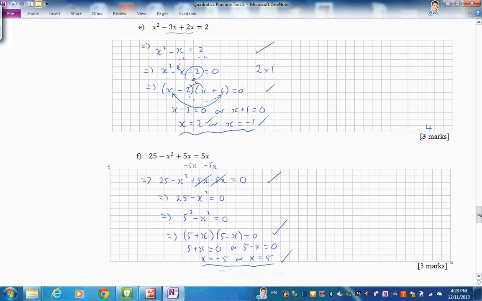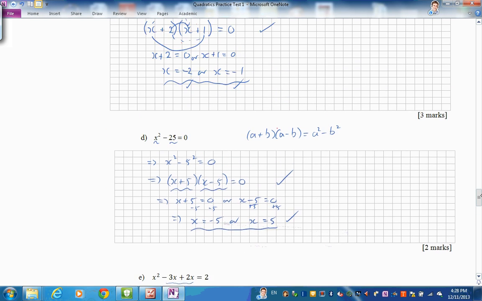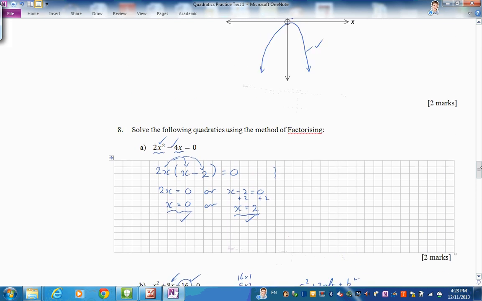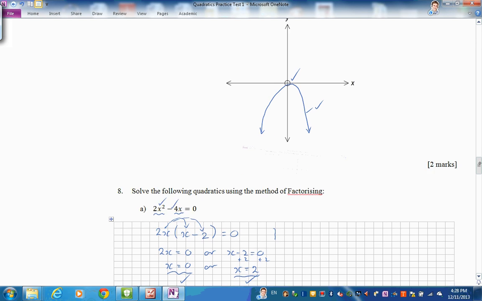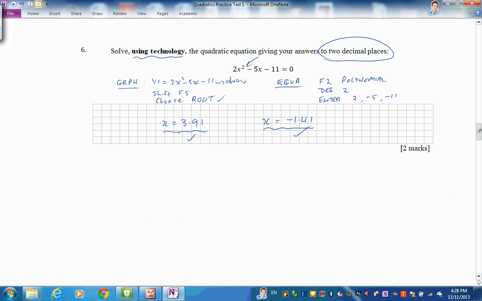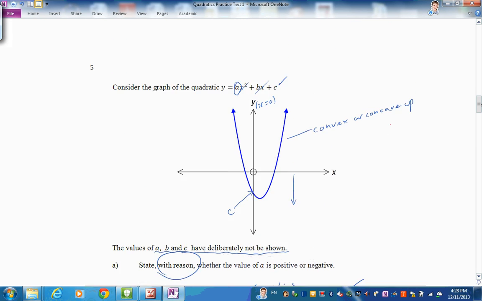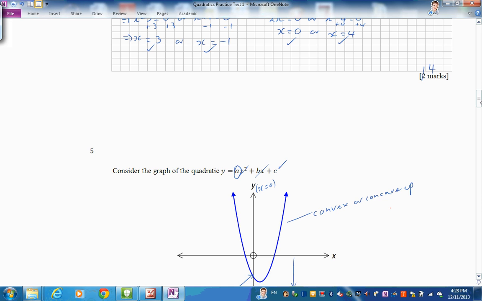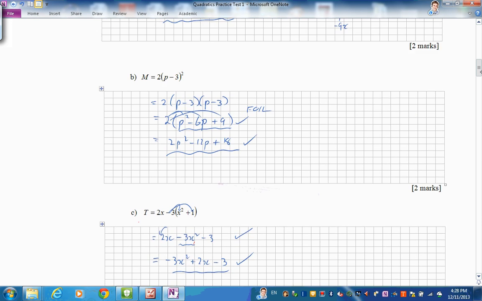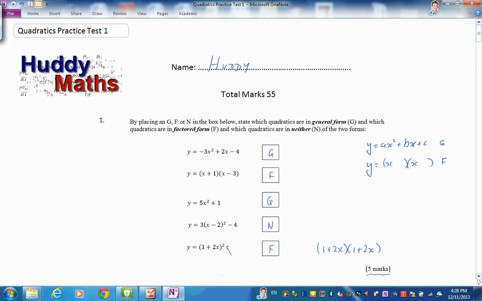Change that to 4, so it's 19, 21, 24, 27, 29, 31, 33, 35, 37, 39, we added some there, that's 43, 45, 47, 49, 53, it came to 58.